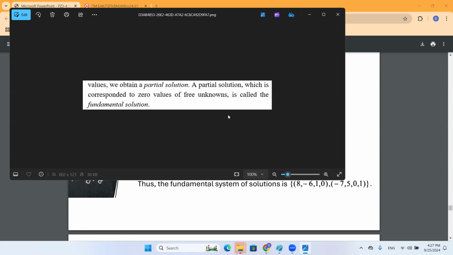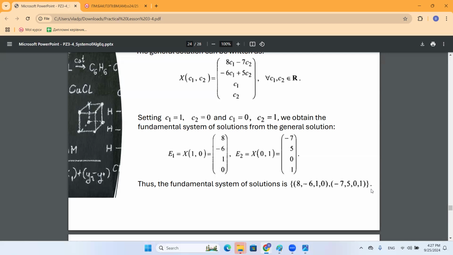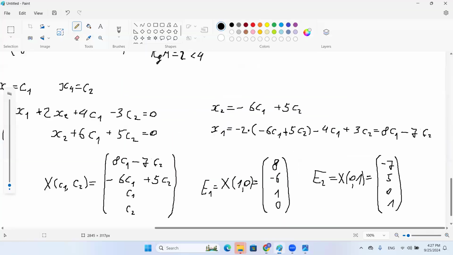I understood. But if I set all of the variables to zeros, we will have a trivial solution. You see, 0 here, 0 here, and let me check the book.